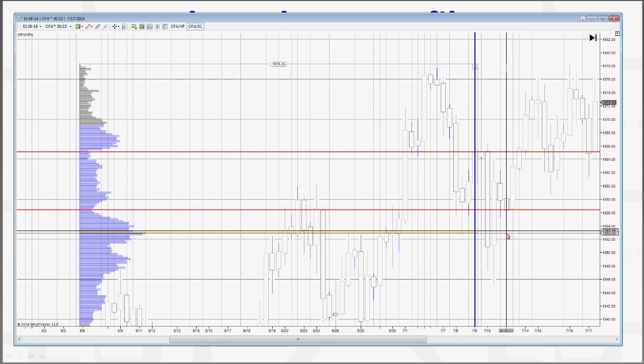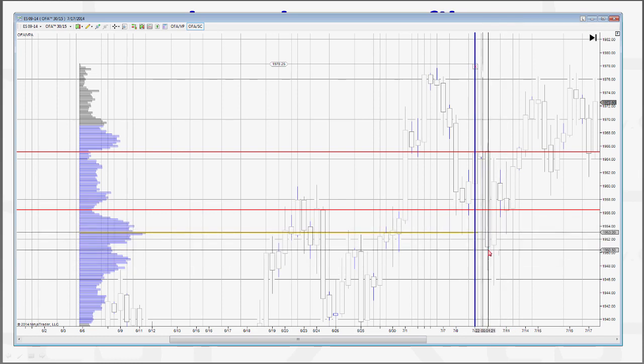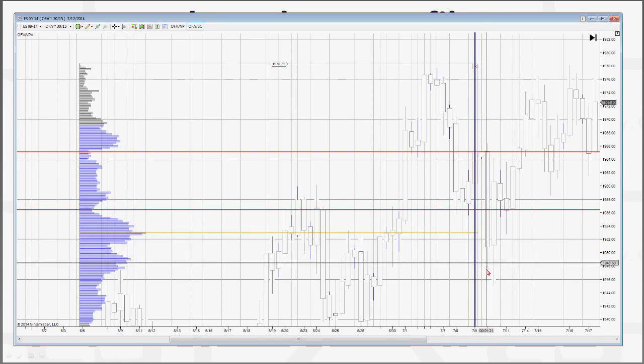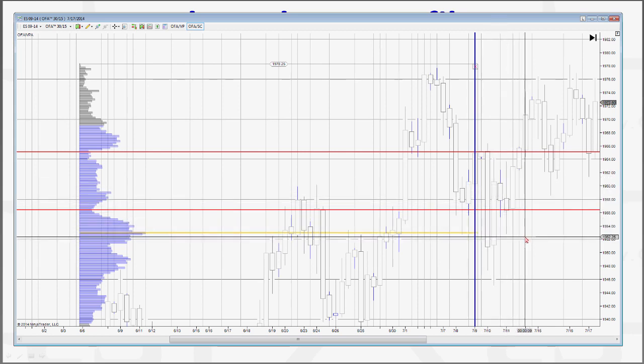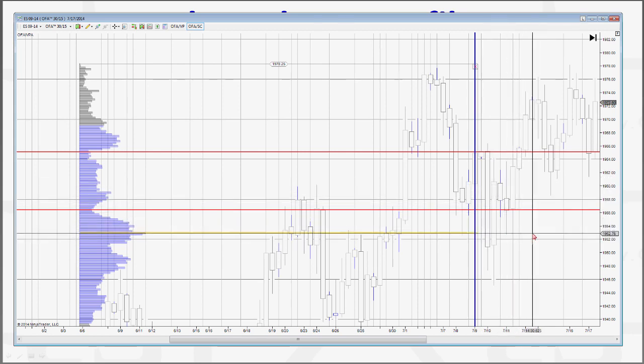Now price comes back up above it. It had already rotated down, which is exactly what I expect. I expect rotation through a high volume area, back up through it, comes back down to it, right at this level, and bounces off it with responsive buying, right up through that low volume area.